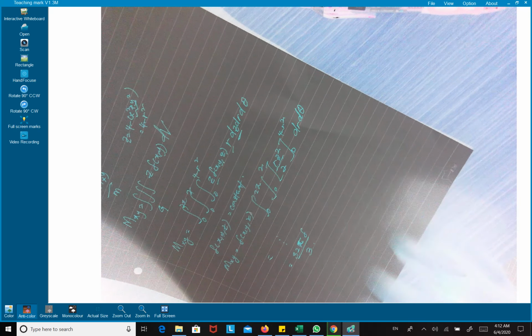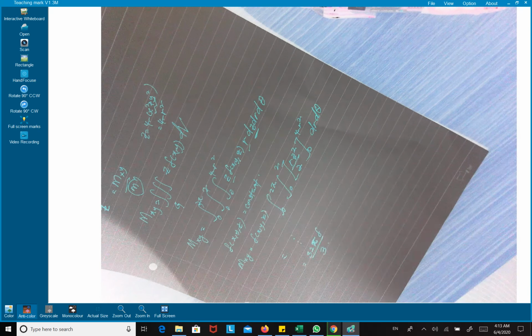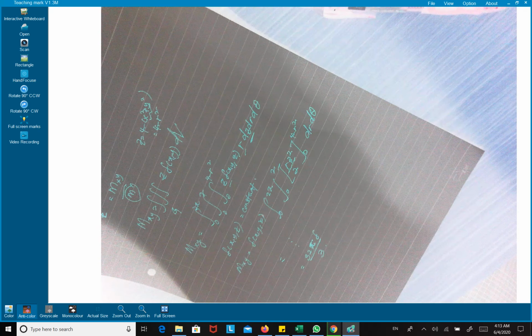Next, to find the centroid, you have to find the m also, small m. Big M and small m. The big M is the moment and small m is the mass.